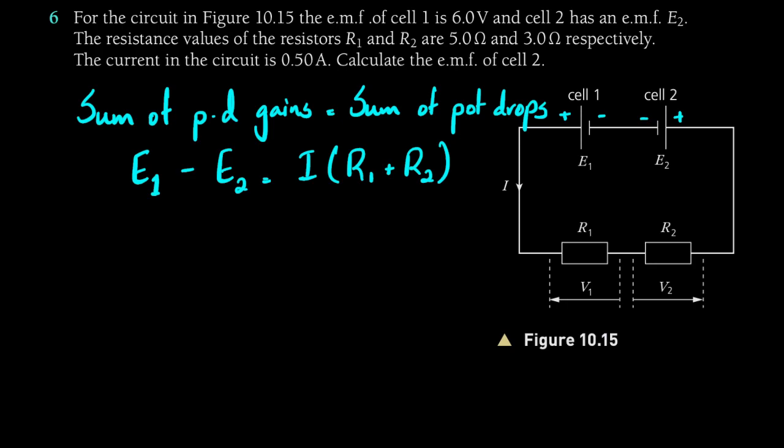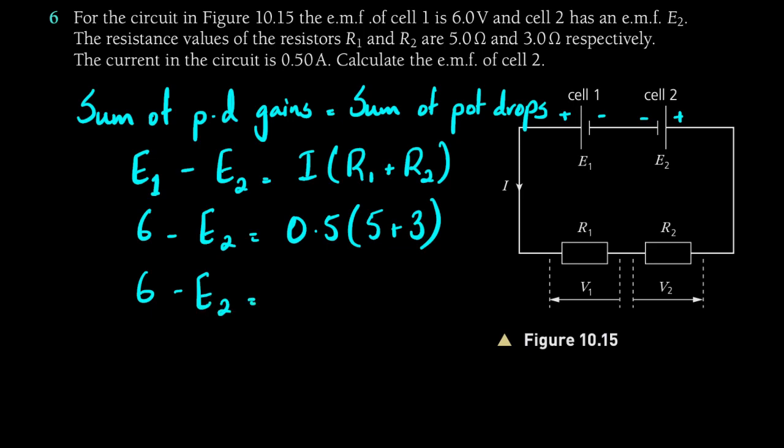So we need to find the EMF of cell 2. E1 was given as 6, E2 is what we need to find, I is given as 0.5, R1 is 5, R2 is 3. So 6 minus E2 equals 0.5 times 8, which is 4. So E2 equals 2 volts, right? So this is the EMF of cell 2.